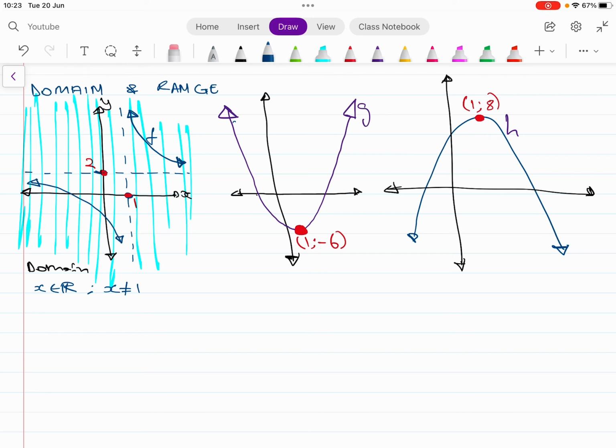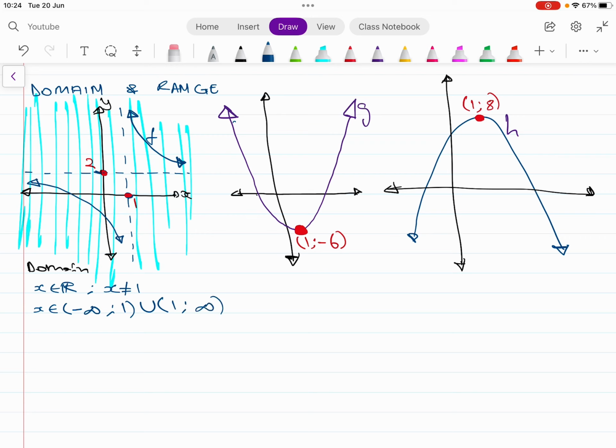And the other way to write the same thing is to say that X is an element of from negative infinity all the way up to 1, union from 1 all the way to positive infinity.